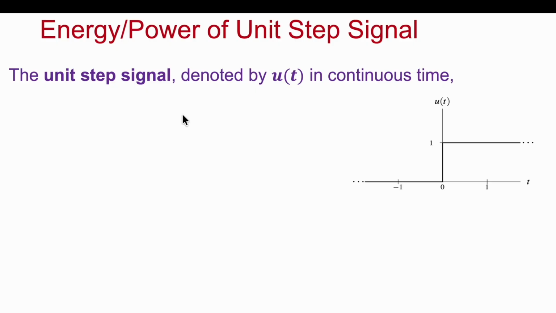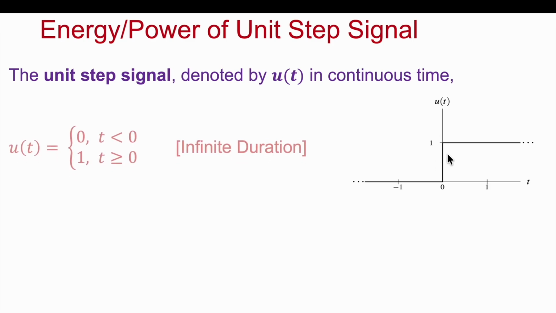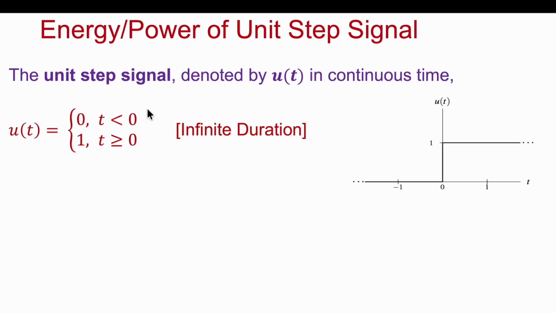So how can we calculate the energy or power of a unit step signal? The unit step signal is denoted using this graph, and its equation is u of t equal to 0 if t is less than 0, and equal to 1 if t is equal to 0 or bigger than 0.